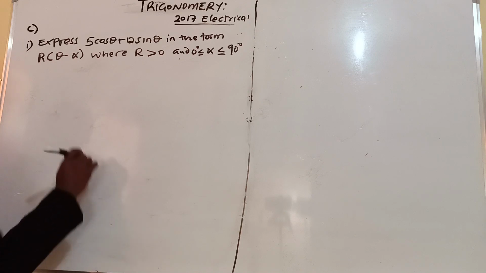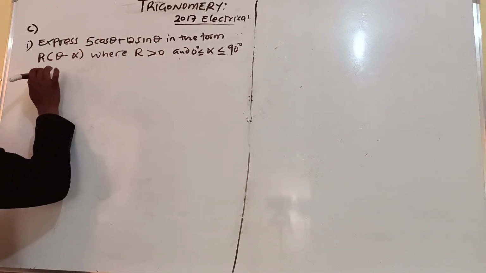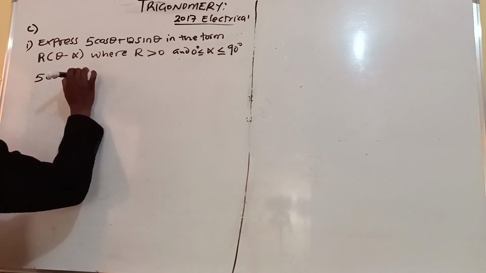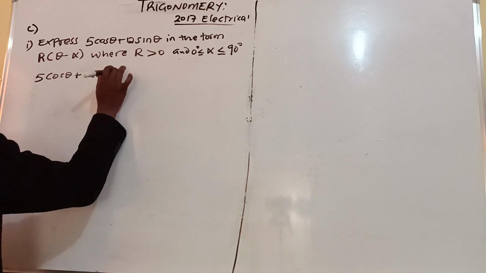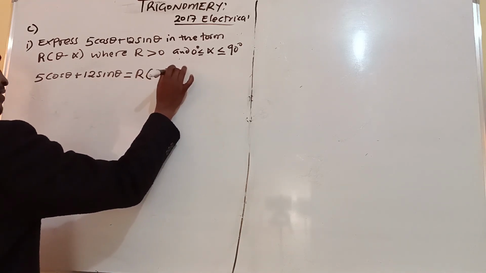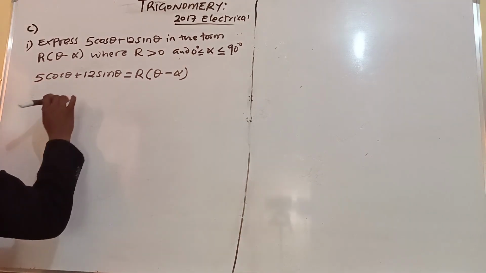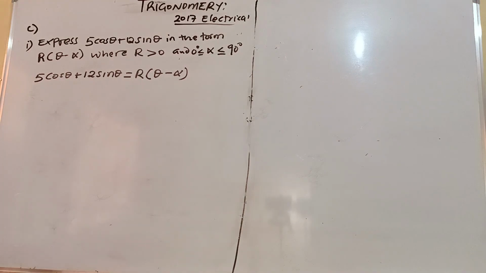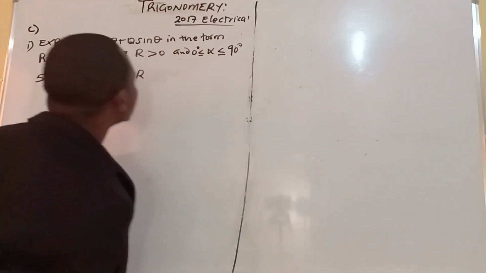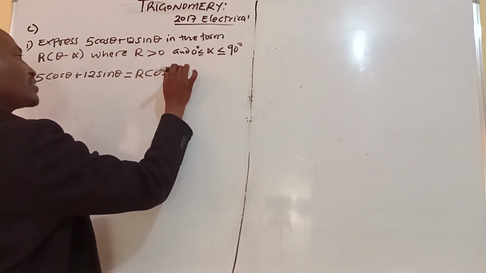Now, we are told to express 5 cos theta plus 12 sin theta in the form R into bracket theta minus alpha. Here you have R cos theta minus alpha.